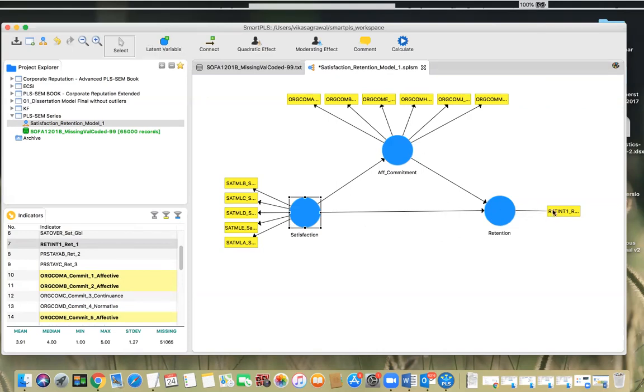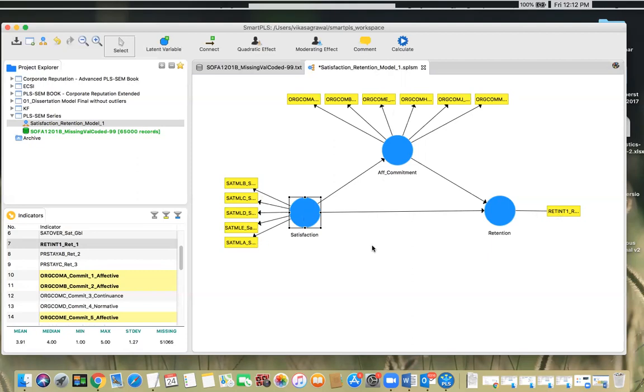Which means that this item is perfectly measuring the retention, and rightly so, because we just have one measure here. But when it comes to satisfaction, it's a reflectively measured construct, and effective commitment is also a reflectively measured construct. And they have many indicators. Okay, and they will have loadings on this one.